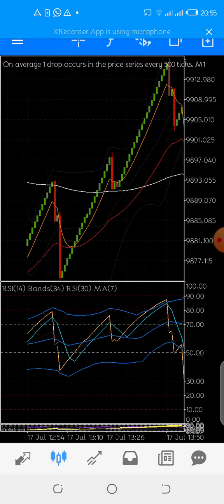Also on the top, now here. So it had gone to oversold. On the lower band, it was at level 80. And when it started crashing, the first crash came.